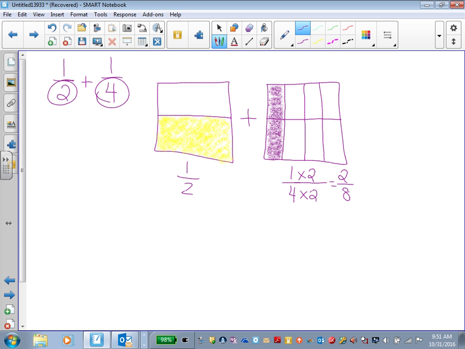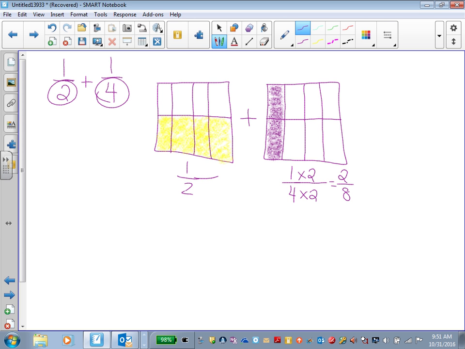And now we're going to do the same thing to our half box that we did to our 1/4 box. So what did I do to my 1/4 box? Brandy? You made vertical lines. How many vertical lines did I do? 4 sections, but 3 vertical lines. So 1, 2, 3.